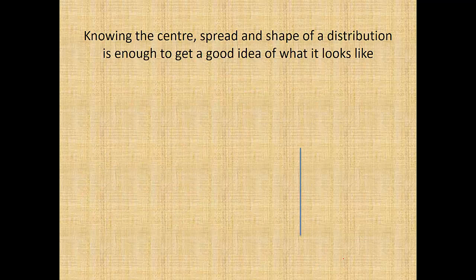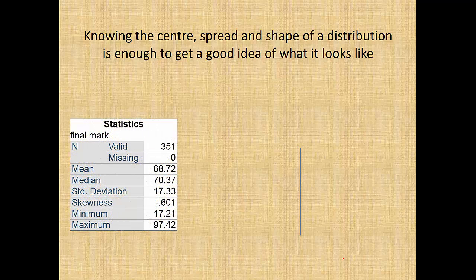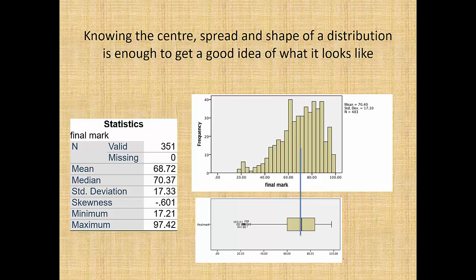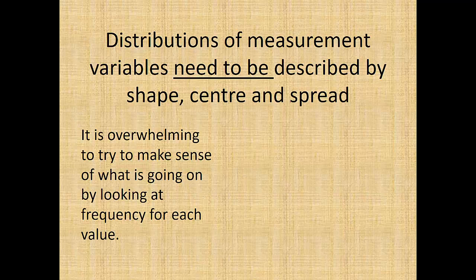And so here we're going to get the exact shape based on the same values for mean, median, standard deviation, and so on. We get a histogram that looks like this, and we get a box plot that looks like that. And the key thing here is this is the value of the median, roughly in that spot, and you can see that that's roughly 70, halfway between 60 and 80, and that's where the median is here.